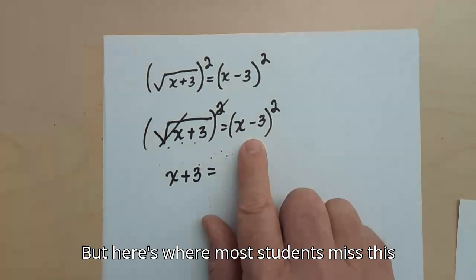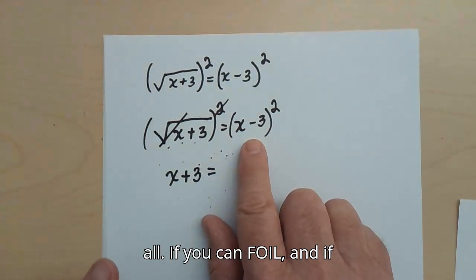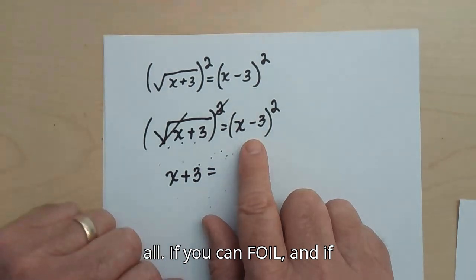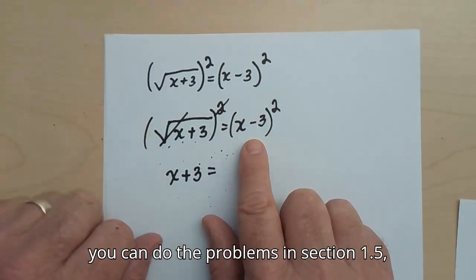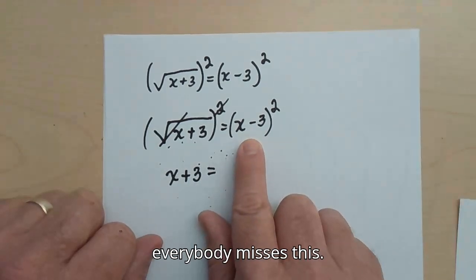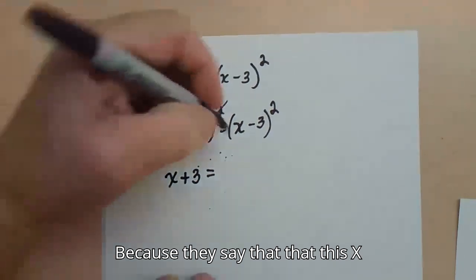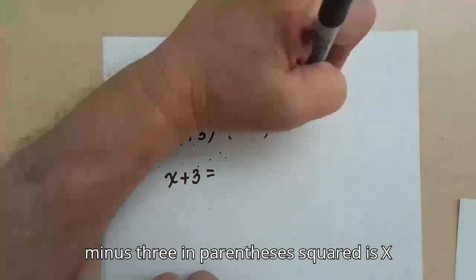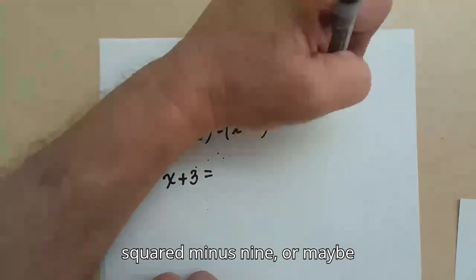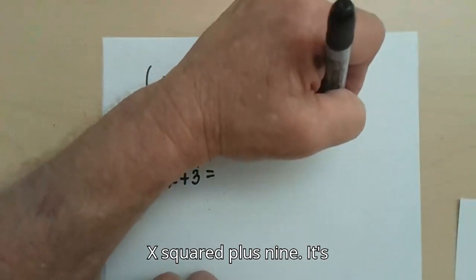But here's where most students miss this problem. This is not a hard problem at all. If you can FOIL, and if you can do the problems in section 1.5, this is an easy problem, but almost everybody misses this because they say that this x minus 3 in parentheses squared is x squared minus 9, or maybe x squared plus 9.